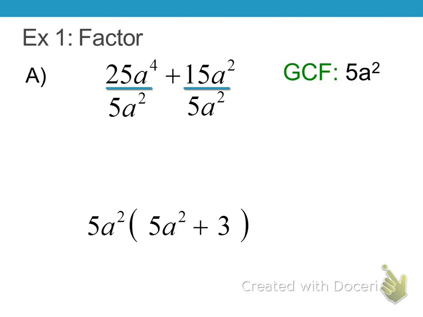So we're starting with an expression. We're rewriting it as a multiplication problem. Multiply it back out, and you can end up right where you started if you want to check your work. Don't actually do that on your paper. You'll just end up going in circles all day. That's your answer. 5a squared times the quantity 5a squared plus 3. Any questions?